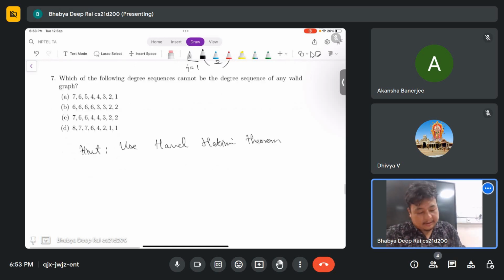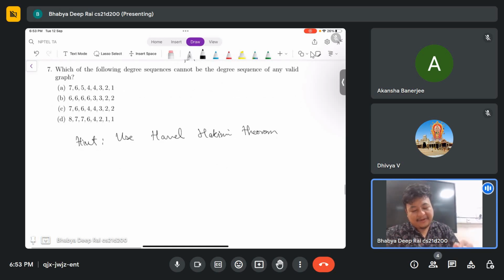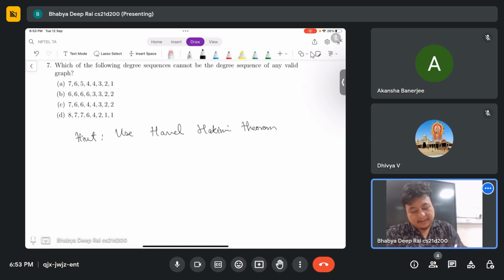Well, the Havel-Hakimi theorem gives us a nice algorithm actually to check whether a degree sequence is valid or not.